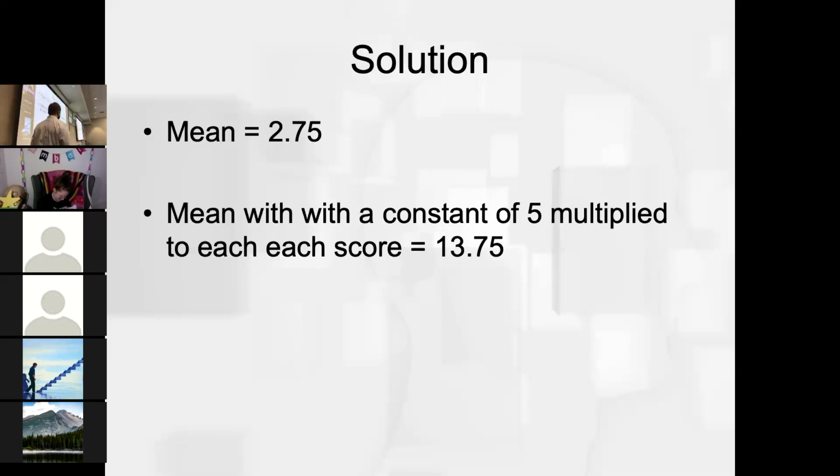So if, for example, hint, hint, I were to give you a question on the exam that said, here are 50 numbers. Here's the mean for those 50 numbers. Now multiply every number by 2.3. What's the new mean? Yes, exactly.